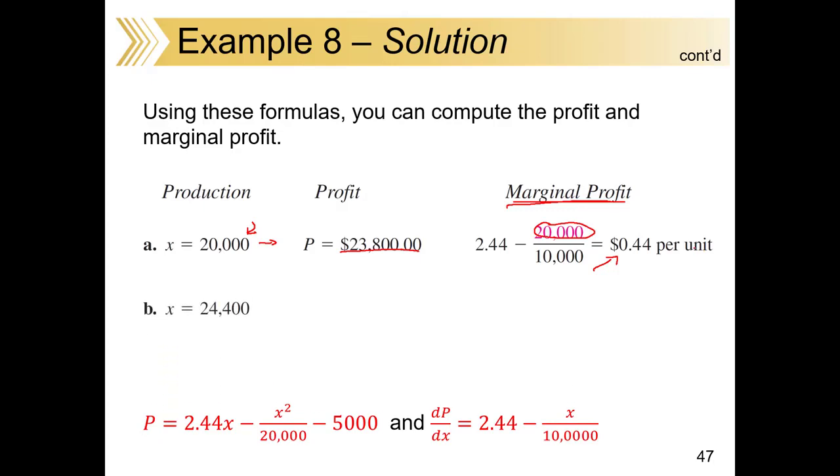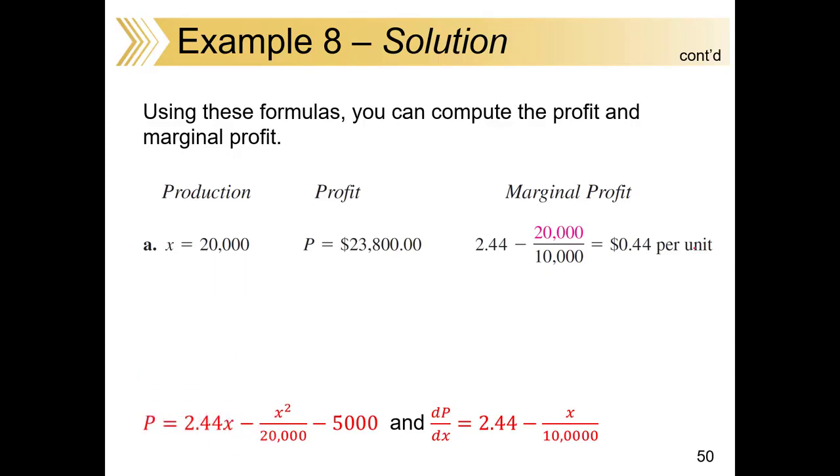For 24,400, it's not working the way I wanted it to. I'm not sure why. I guess I just got extra slides in here I didn't want. So the 24,400 goes in the profit function, and there's your profit. Remember, that's total profit.